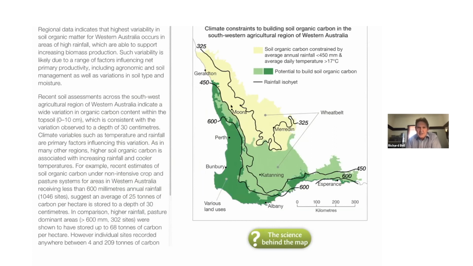And you can see that what they're suggesting is that in these drier northern warmer areas of the wheat belt, the potential to build soil carbon is probably somewhat limited compared to the wetter coastal areas and southern zones. So here's a little video.